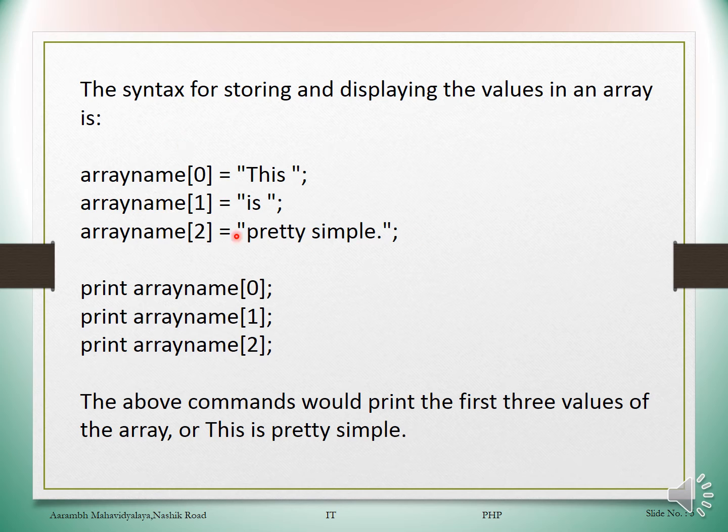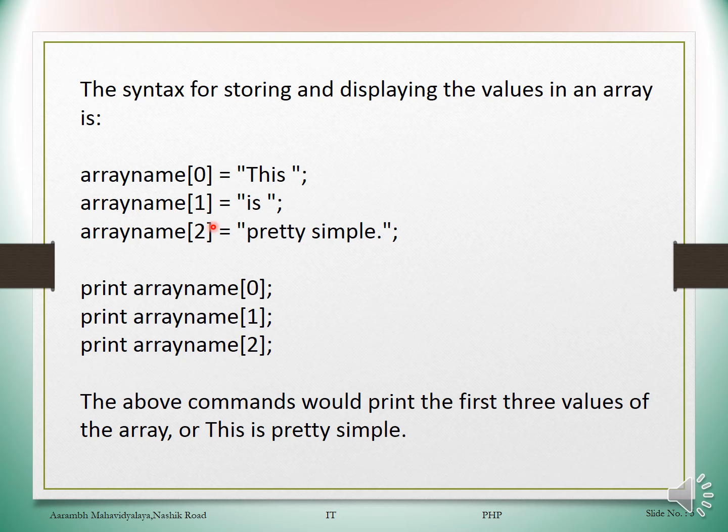First of all, let's see its syntax. The syntax for storing and displaying the values in an array is as follows. To store or generate the array, first of all you have to provide the array name, then the size of the array, and then the data. Here string type data is provided, that means this is data of the string type.